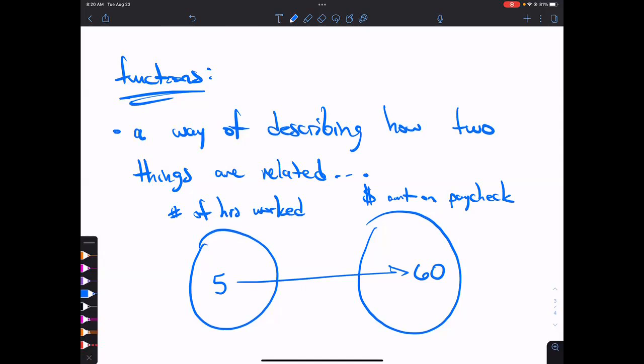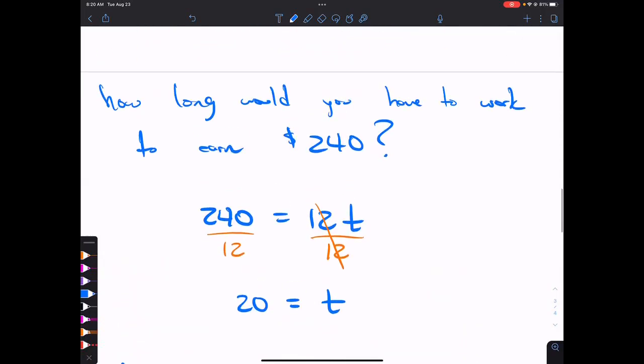Now, in order to be a function, there's one more condition on this that we need. The way we handled this question gets at what that condition is. If you want to earn $240, you need to work 20 hours, right?